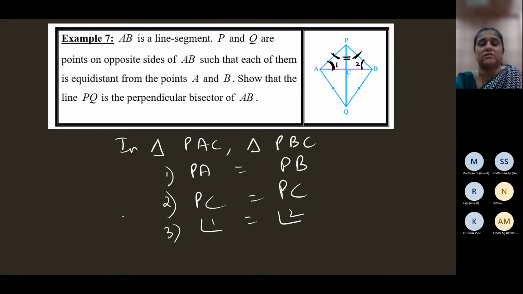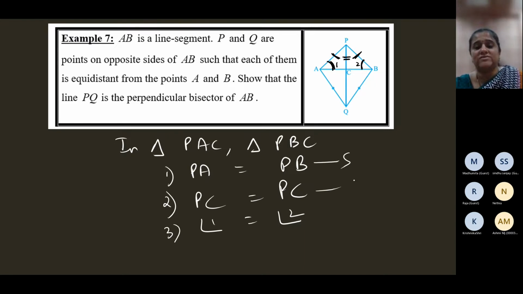It's not the included angle, correct? So using this information, can we say that the triangles are congruent? No, ma'am. No, because it does not satisfy any congruence rule.